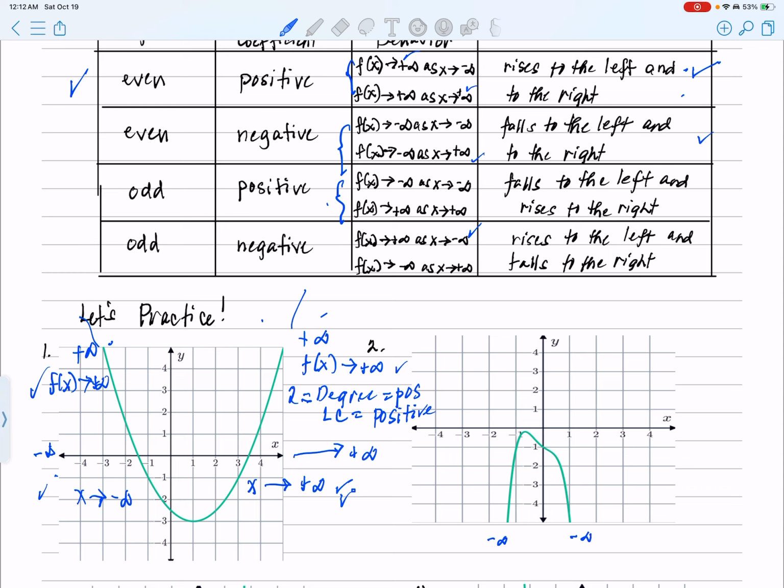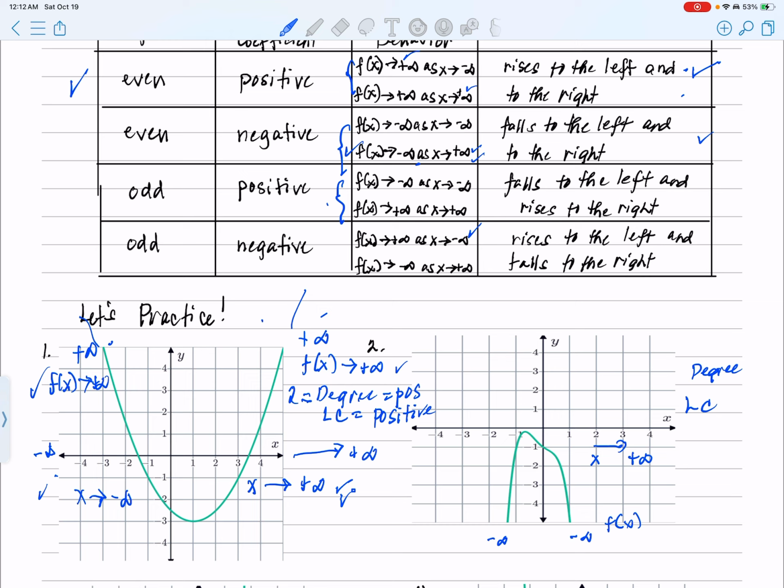Let's look at the degree and the leading coefficient. That means as x approaches positive infinity, your function is negative infinity.